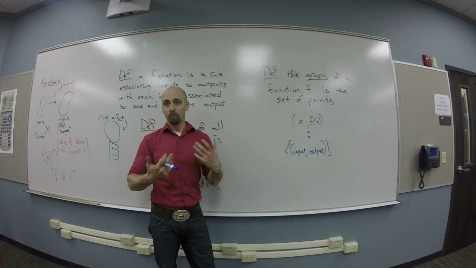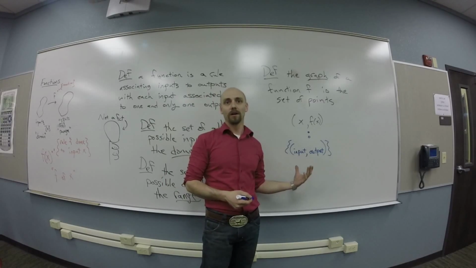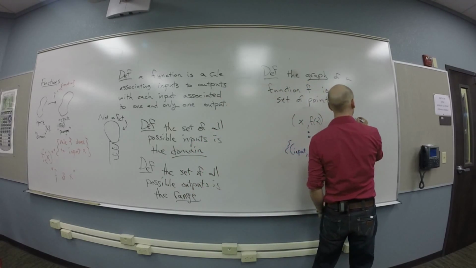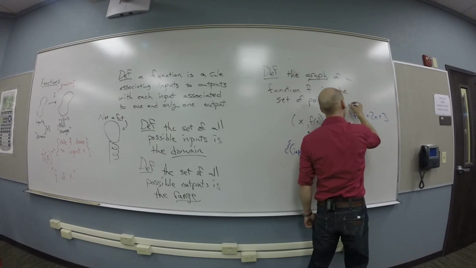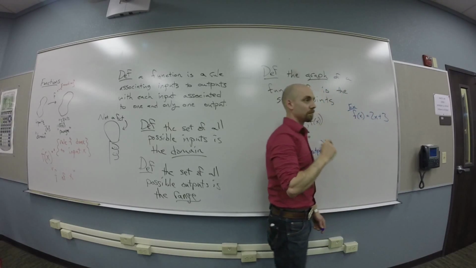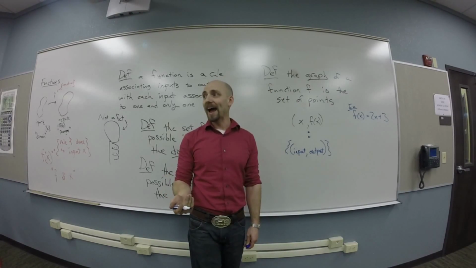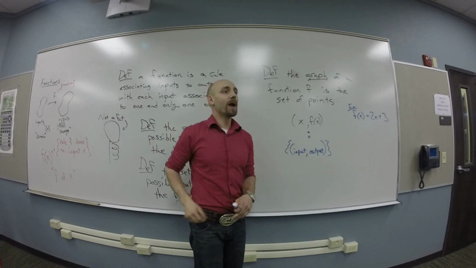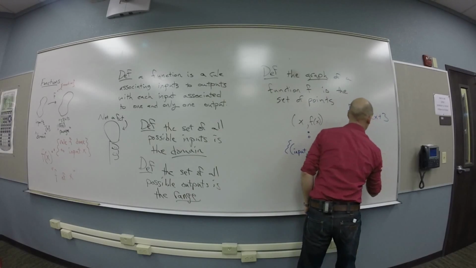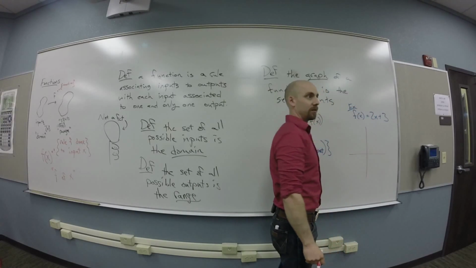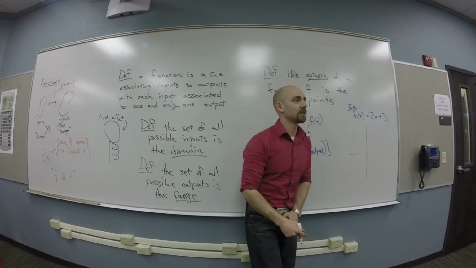Do you all see that? So, one way I can summarize a function's data is by writing down a rule for it. Like before we wrote down f of x is 2x plus 3, right? This was our example from before. This is writing a rule down. This tells me how the function acts. Another way I could do that is I could write down a picture that describes that rule. You guys remember the graph of this?